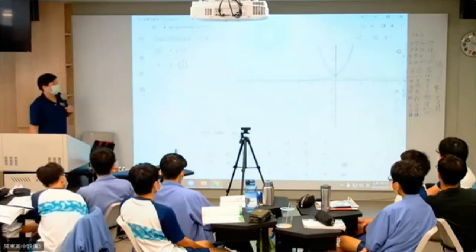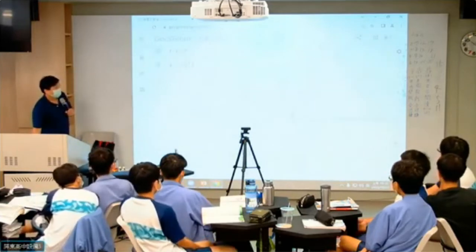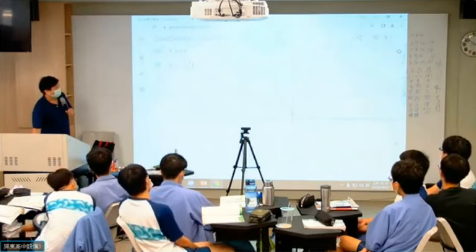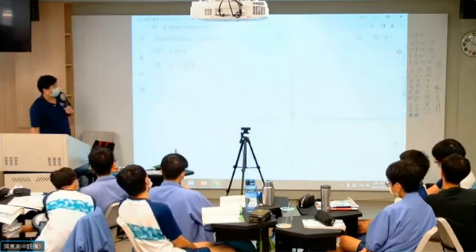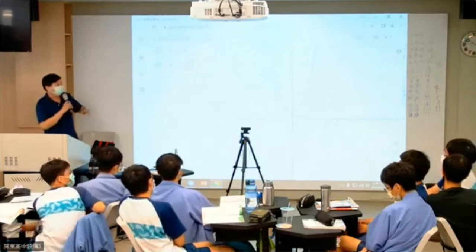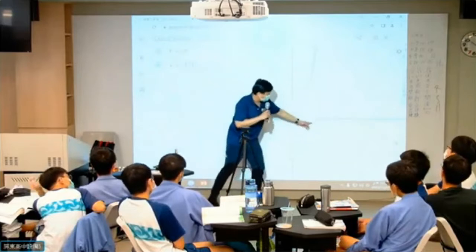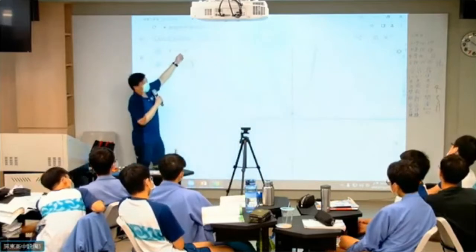You can see the graph here. The blue one is the graph of the function y is equal to 1/2 to the power of x. The green one is this one.